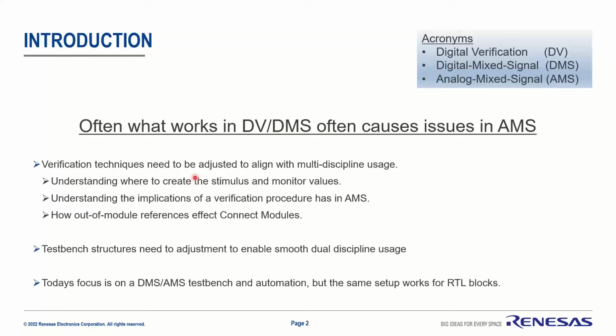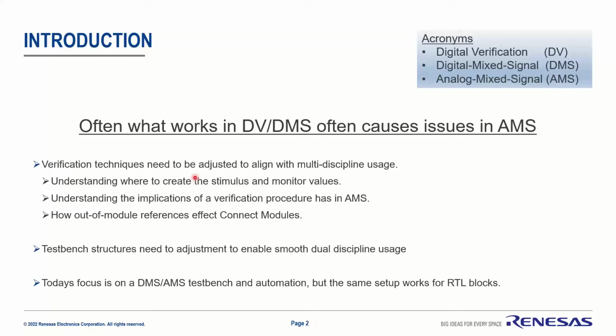The key thing is getting the verification engineers to switch their thinking to how this can apply in mixed signal, not just in the DMS DV domain. Simple things like how many out of module references affect connect modules is an example. So really the classical UVM test bench just needs to change slightly so that we can allow dual usage between DV, DMS and AMS.